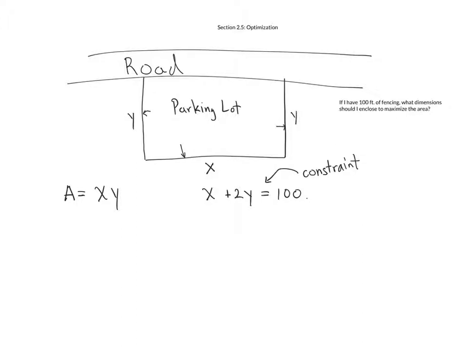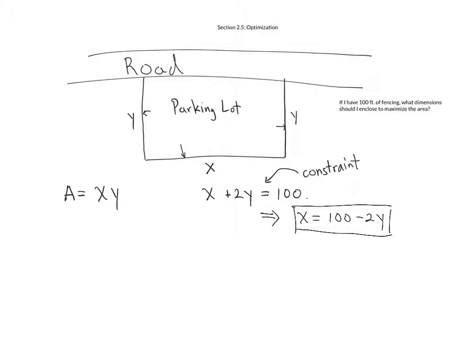And what we want to do next is use the second equation to eliminate one of the variables and plug that into the formula for the surface area. Okay, so if I move the 2y over to the other side of this constraint equation, by subtracting 2y from both sides, I get this relationship, x equals 100 minus 2y, and that's a formula for x that I can now substitute into this equation for the surface area.